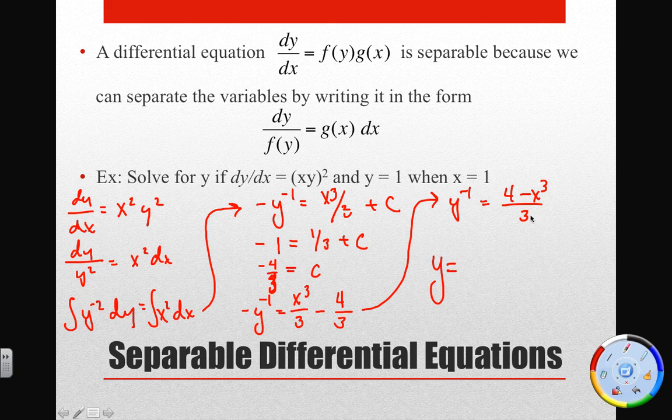This was 1 over y, and this is a fraction here. So now y is equal to the reciprocal of that, 3 over 4 minus x cubed. And there we go. Pretty cool little problem. You could verify this for yourself by finding the derivative of this. It might be kind of challenging for you, but it's doable.